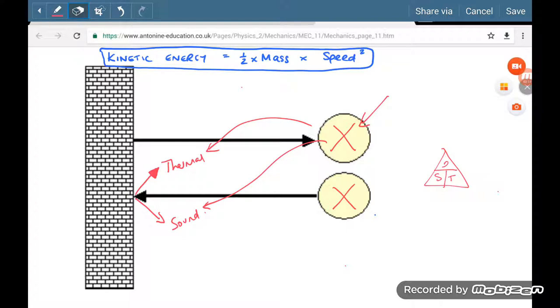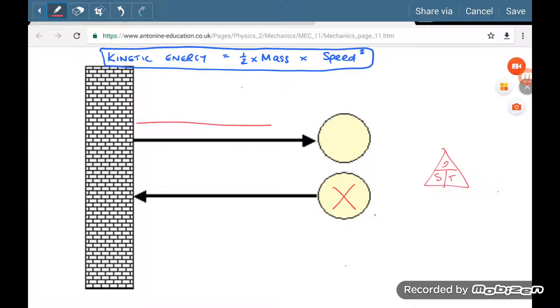And so, when we are investigating how much energy that ball has lost, we can do it by measuring the speed back this way using the same technique of a ruler and measuring the time it takes. And so we use the same equation and we work out the new kinetic energy of the ball. Half the mass, which will be exactly the same as before because mass doesn't change, but the new speed.